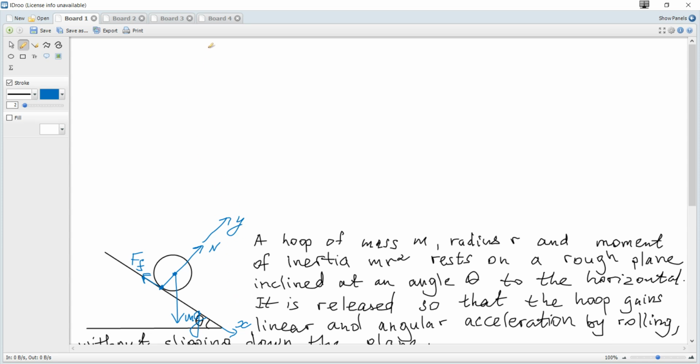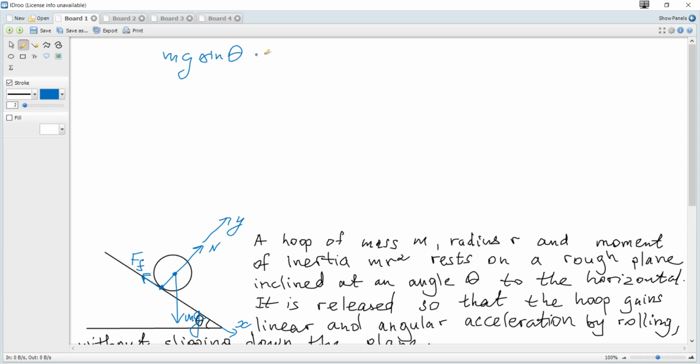On the x-axis it becomes plus mg sine of theta, because the component of mg parallel to the plane is mg sine theta. Considering a right-angle triangle, the hypotenuse is mg, and the opposite leg is hypotenuse times sine of theta.